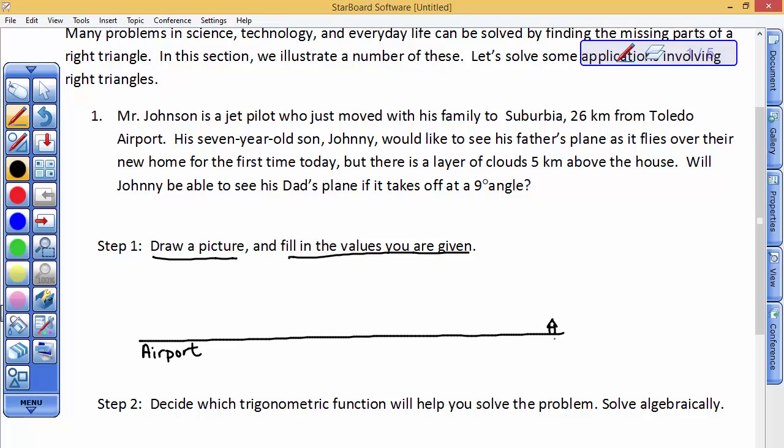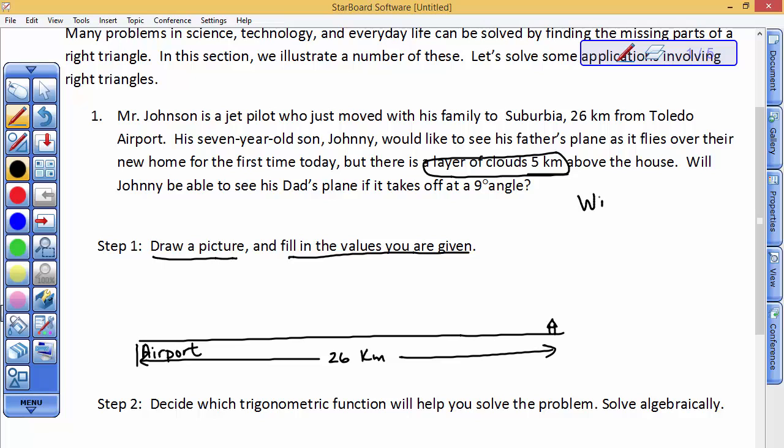All right, and it is 26 kilometers from the airport to his home. Johnny would like to see his father's plane as it flies over their new home for the first time today, but there's a layer of clouds at 5 kilometers. Let's just circle that. Will Johnny be able to see his dad's plane if it takes off at a 9-degree angle? So, will he be under 5 kilometers?